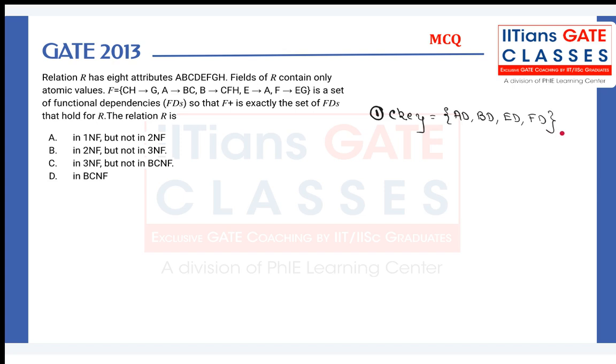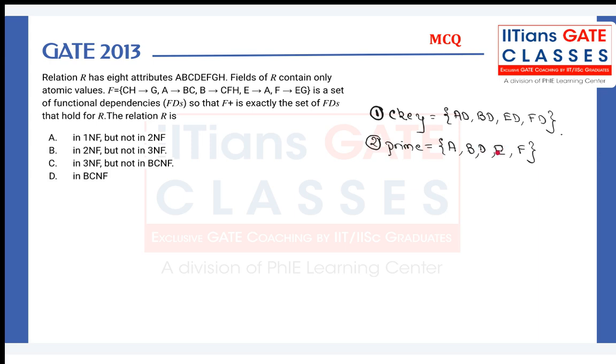Okay. So who are the prime attributes? A, B, E, D. Sorry, I forgot alphabets. D, E, F. Right?